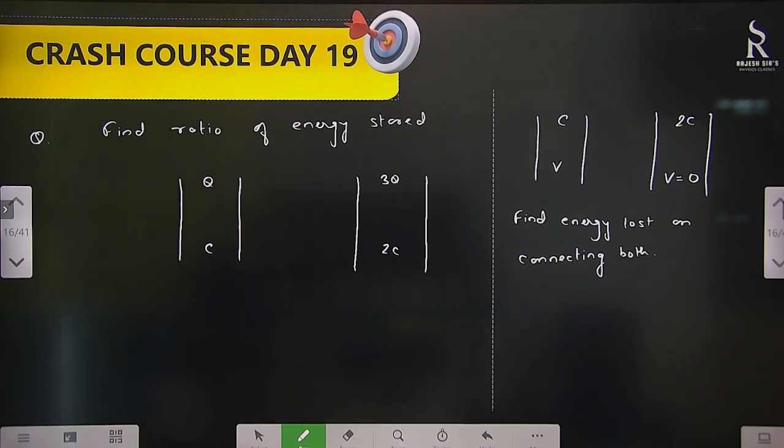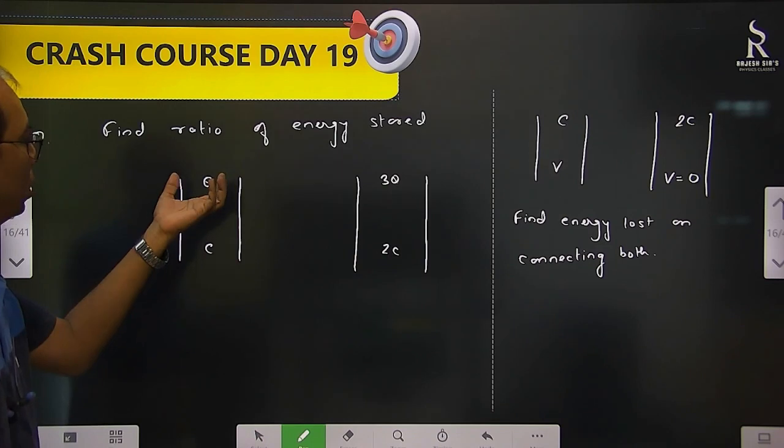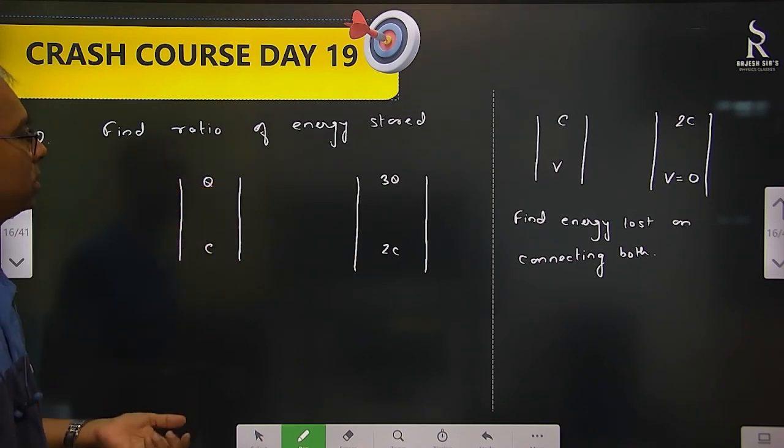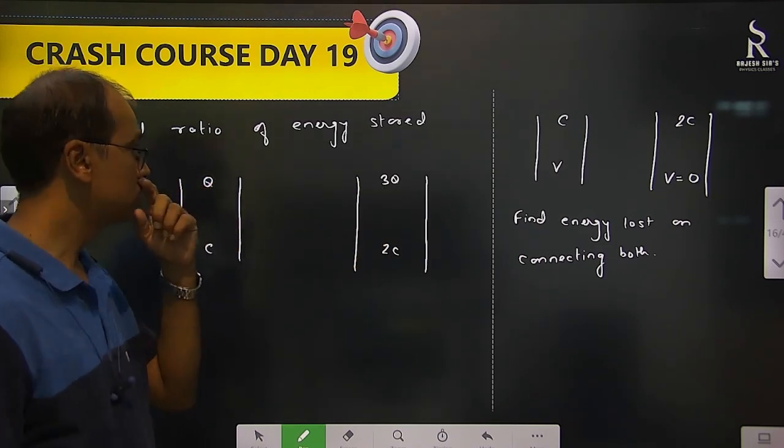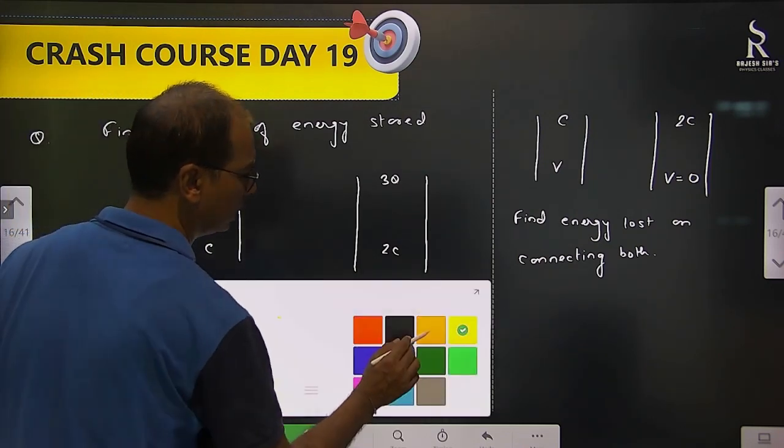Let's see a few questions. Okay, so two capacitors are here. Charge is Q, capacitance C; charge is 3Q, capacitance is 2C, and we have to find the ratio of energy. Fine, easy question.